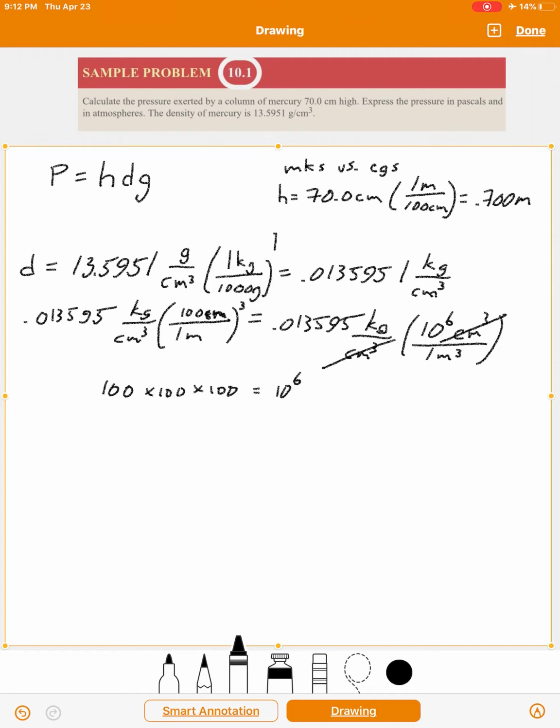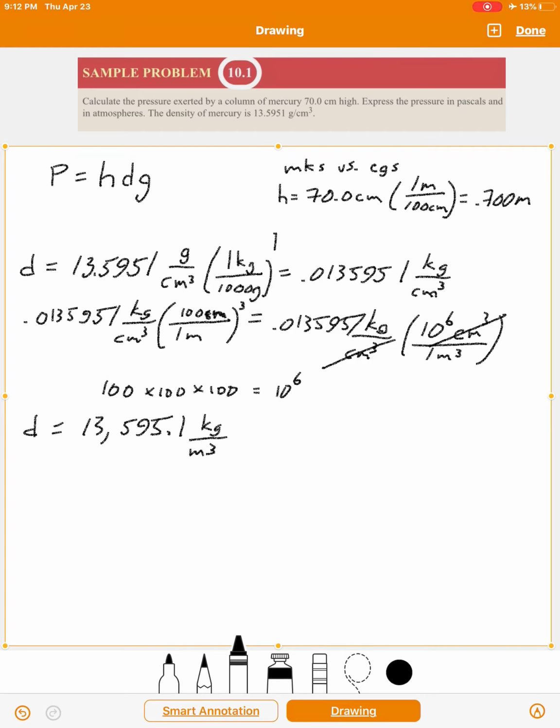Now your centimeters cubed are gone. So if you take 0.013595 and multiply that by a million, you get that the density is 13,595. I actually left off the 1 in a couple places. Kilograms per meter cubed. So now the density is in the MKS.